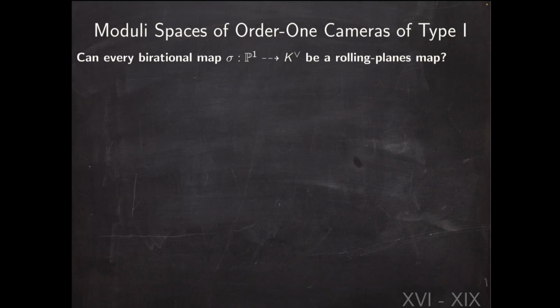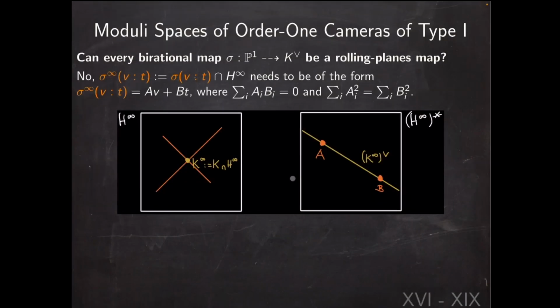And now, can I just choose any map if I want to build such a camera? Here the answer, it took us a moment to figure out, is actually no. So this now starts to be a little bit more technical. But if you want to omit the technicality, how many maps do you have between P1 and P1?